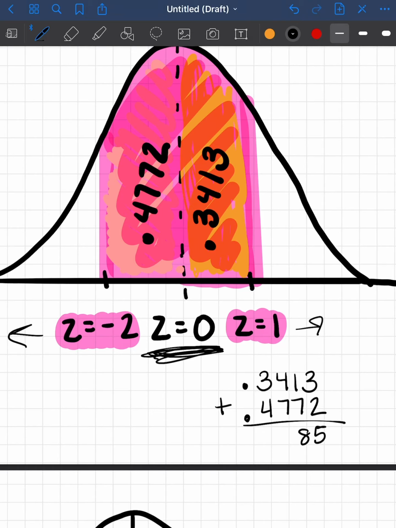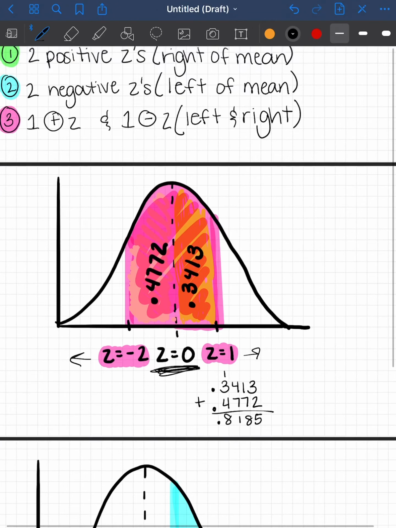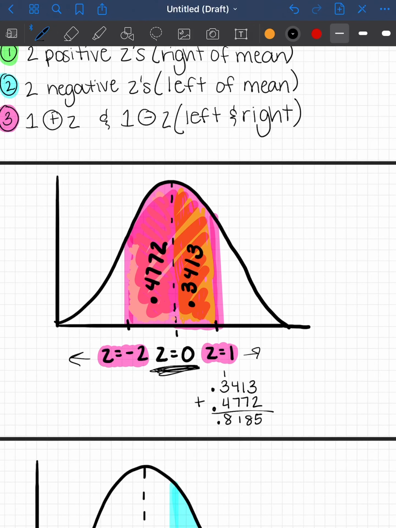We can see that's going to be 5, 8, 11, carry the 1, 3, 8. So our area between a z of -2 and a z of 1 would be 0.8185.